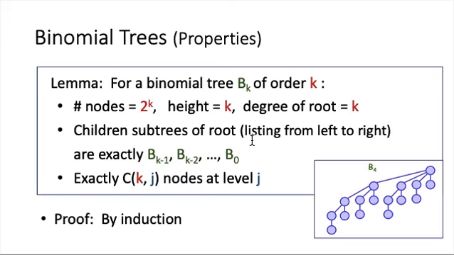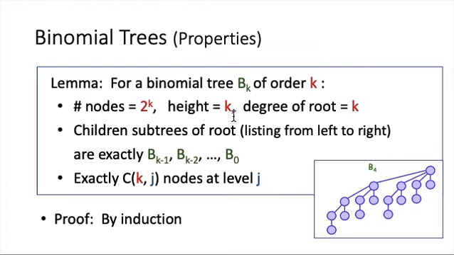Now it is rather easy to check the following properties of a binomial tree. For a binomial tree Bk of order k, we have an example of B4 here listed for our reference. The number of nodes in the tree is 2 to the power k. We can prove this easily by using induction.